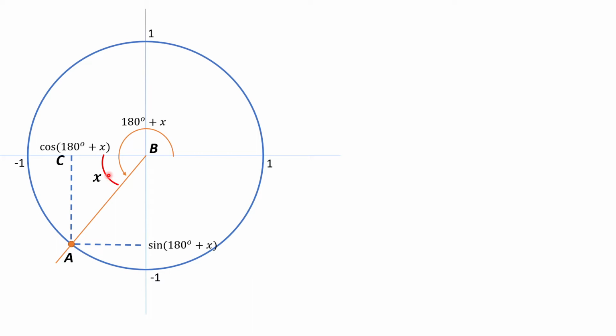Again, as in the previous case, AC will be the opposite leg of angle B in that triangle ABC, and will be sine x, and BC will be cosine x. All right? But now notice that BC as a length is positive, but the horizontal coordinate is negative, as before.